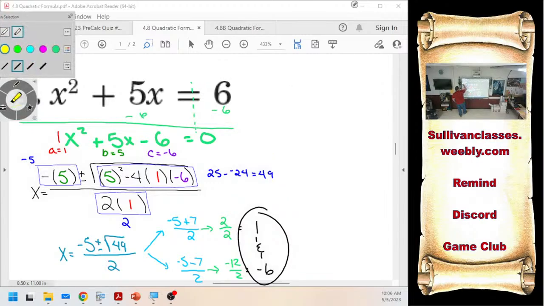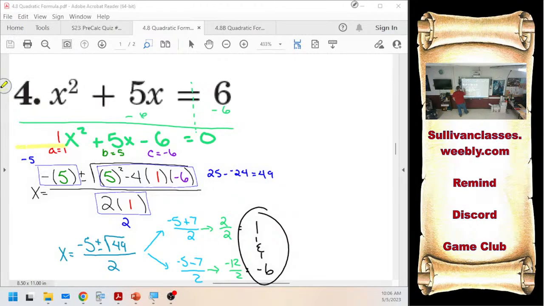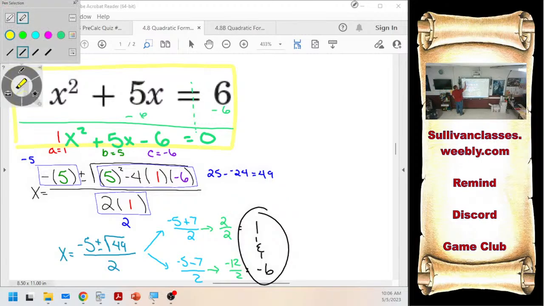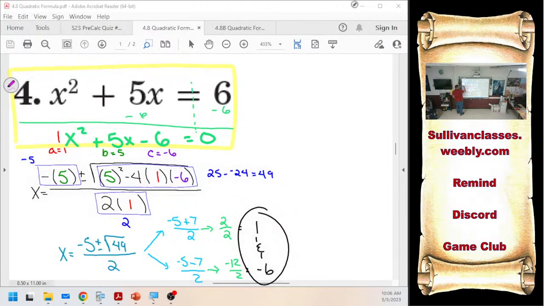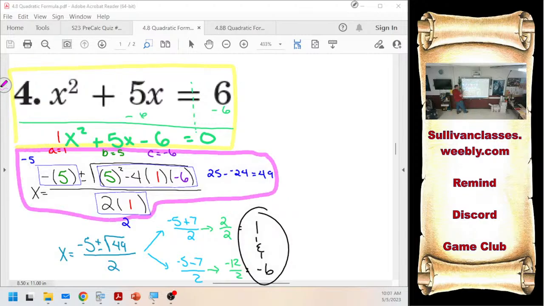Step 1: get junk equal to 0. Everyone to one side of the bus. Step 2: you identify what A, B, and C are and jam them into the formula with all of your parentheses.